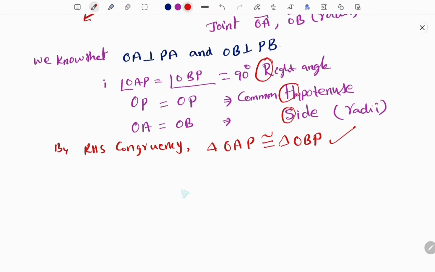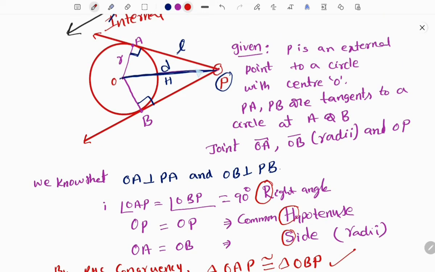Therefore, PA is equal to PB. This is one important conclusion: PA is equal to PB. Why? These are corresponding parts of corresponding triangles. See, PA and PB are both equal.